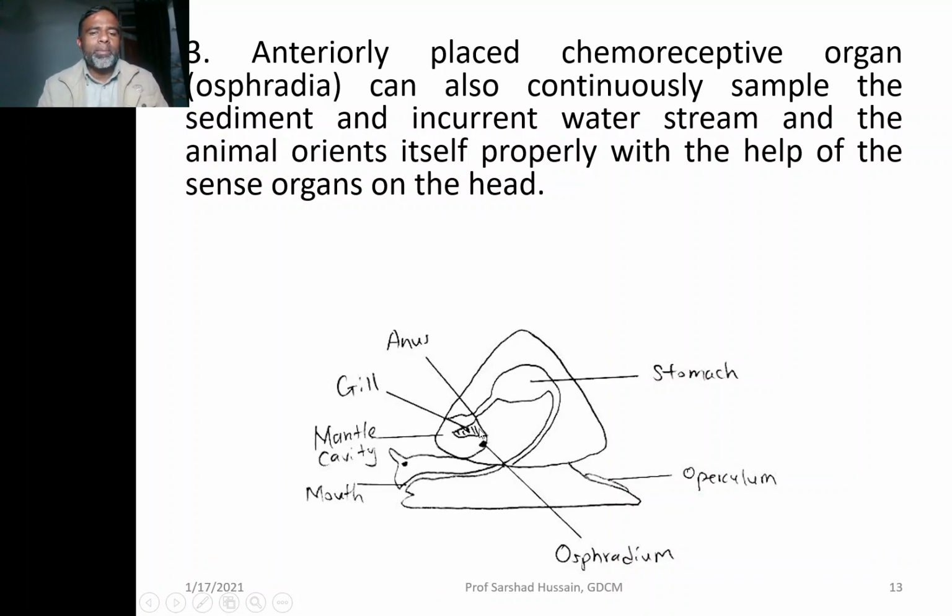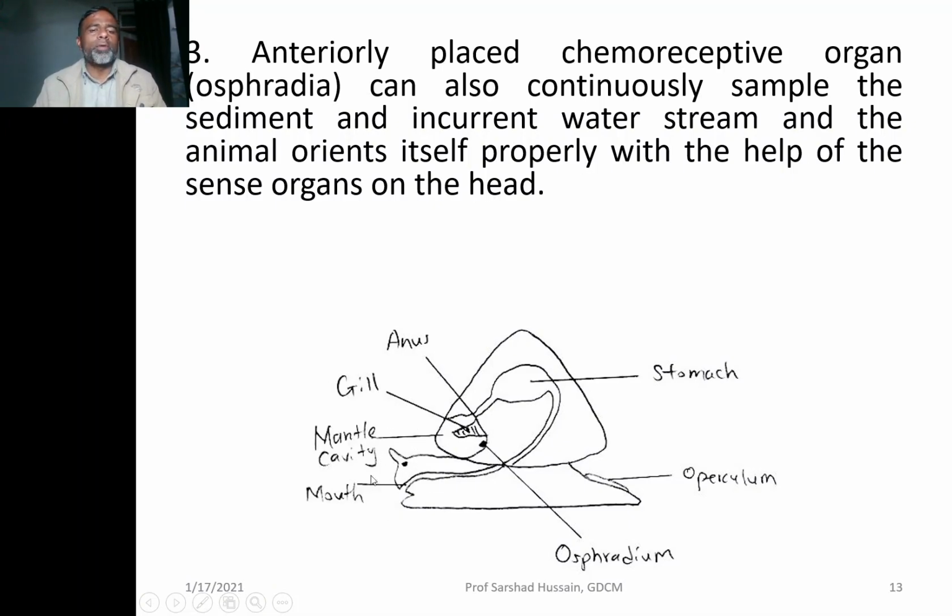Had it not been for the torsion, this osphradium would have been present at the posterior end. As a result, sensing from this side and changing the direction from this side would not help the animal much. You must remember that all animals have their vital sense organs at the head region.